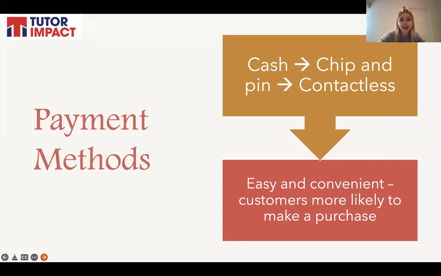Back in 2008, which I consider not to be that long ago, 60% of all payments in the UK were made by cash, so coins and notes. However, by 2018, this had fallen to 28%. And by 2028, so in 6 years' time, it's estimated that only 9% of payments in the UK will be made in cash. So it's decreasing over time.